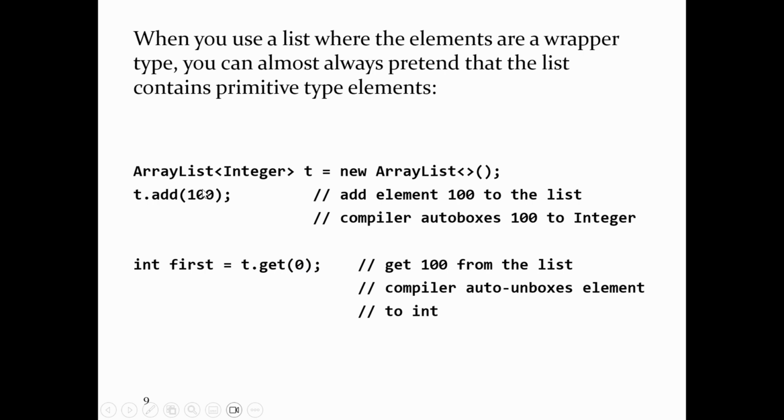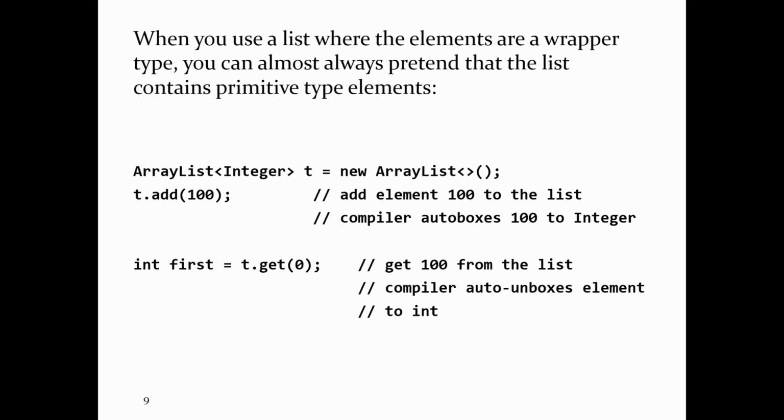Now remember, this is a list of Integers, so this returns a reference to an Integer object. But you can store the value of that object in an int variable. The compiler simply auto-unboxes the object to give you back the int value here. So you can more or less pretend that your list of Integer is a list of int.